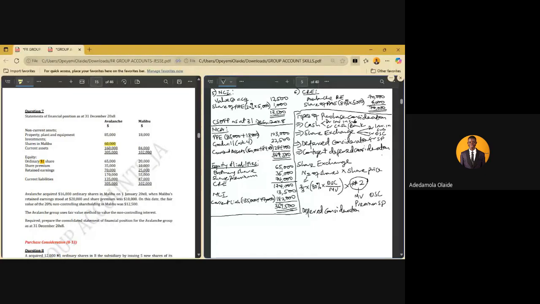We discount it back to today's terms. We calculate the present value, what would have been the value if we were to pay today. Because if we say we'll pay 2 million in 3 years' time, if we were supposed to pay today, it wouldn't have been up to that amount. So we'll discount it to today's terms to see what it would have been today.